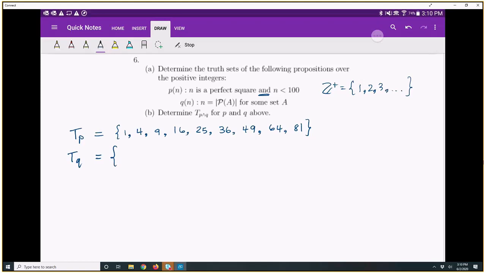So the possible cardinalities for power sets are powers of 2: 2 to the power 0, 2 to the power 1, 2 squared, 2 cubed, 2 to the 4th, and so on.